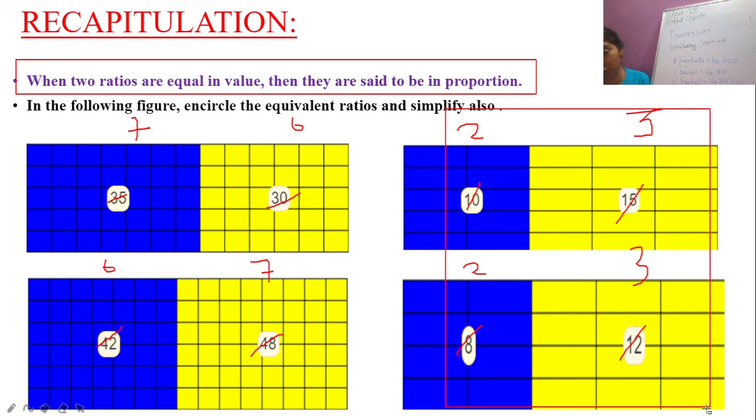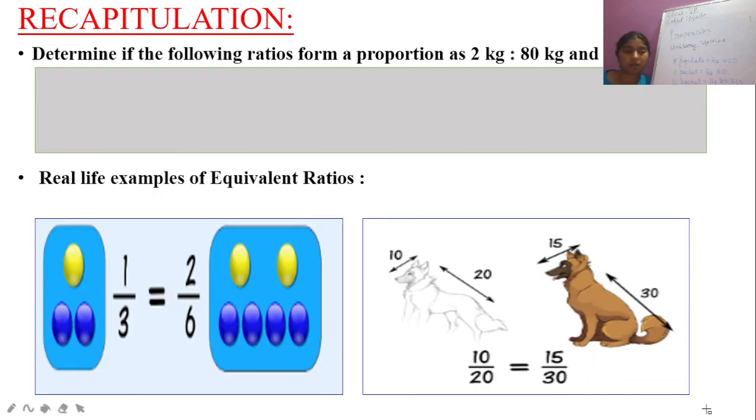Okay, so see students, I have one more question for you. Determine the ratios which are in the form of proportion. Two ratios are there, 2 kg by 80 kg and 25 gram by 625 grams. So you have to determine if these are in proportion or not. So students, we know how you will calculate.